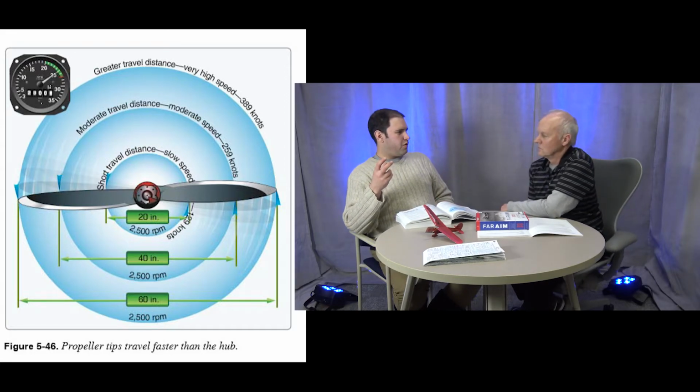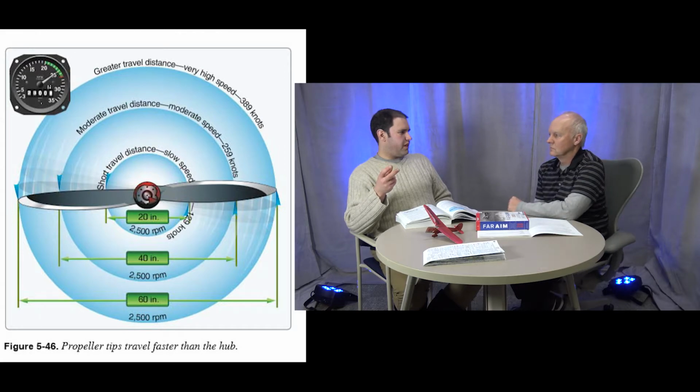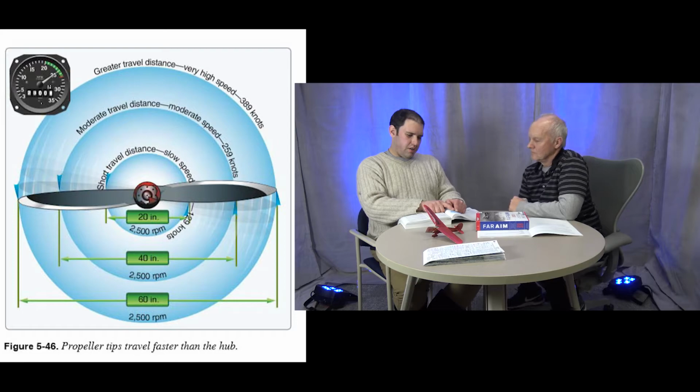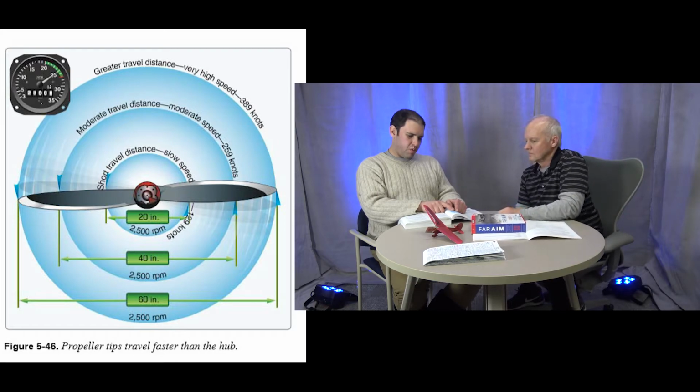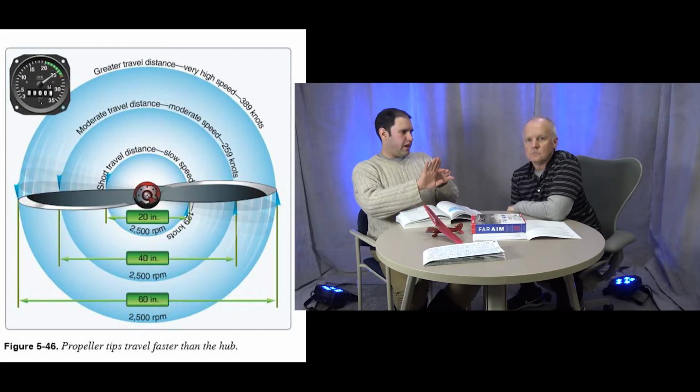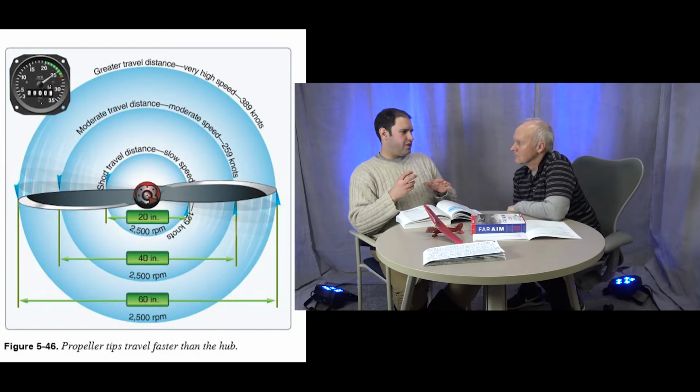Well, if you're moving faster, you don't need as much angle of attack to produce the same amount of lift, right? So near the center of the propeller, where the speed is not very high, you need a lot more angle of attack, versus out near the tip, where the blade is moving much faster, so you need a lot less angle of attack.